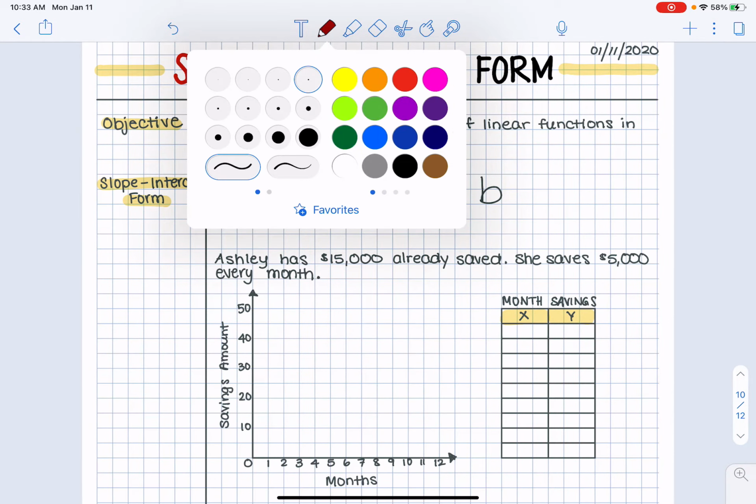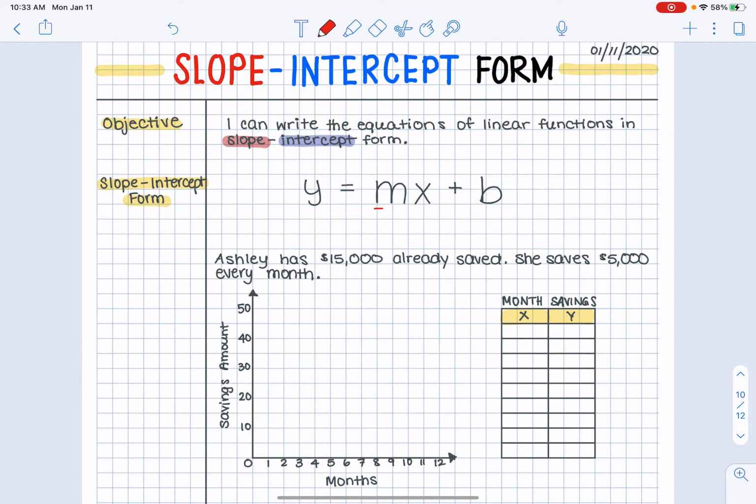Let me pick this red. All right, m is your slope or rate of change. Okay, that's going to be m.